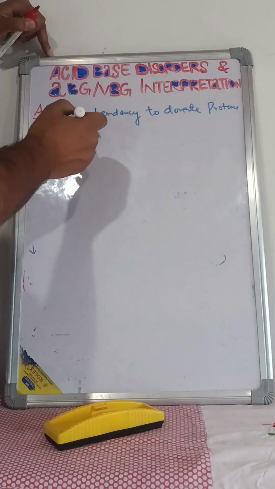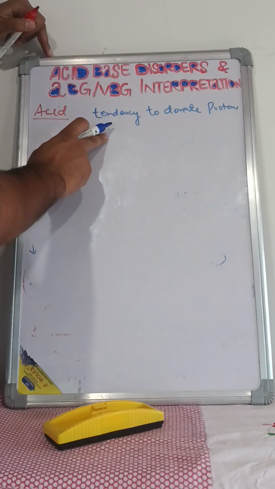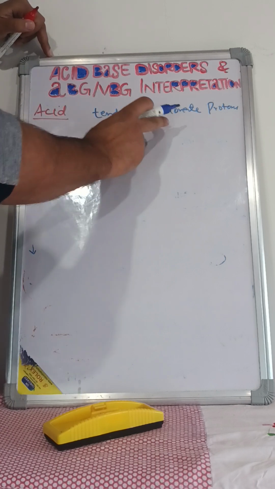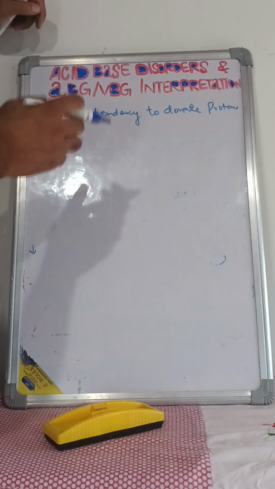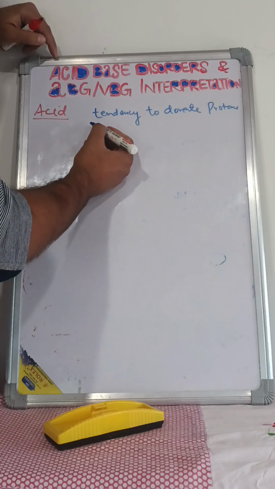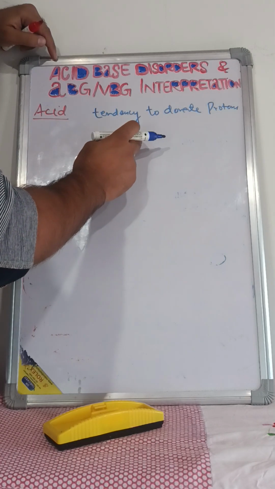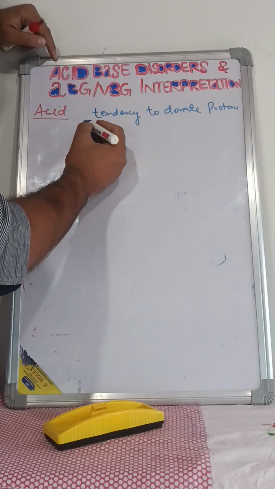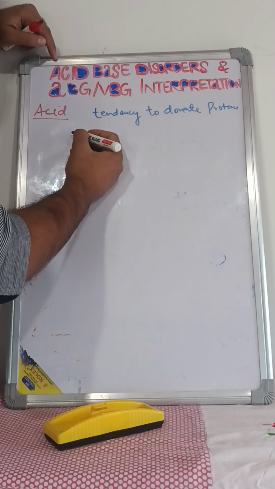So if there is any substance which donates protons, that means it is an acid. And similarly, any substance which has tendency to accept these protons is the base.